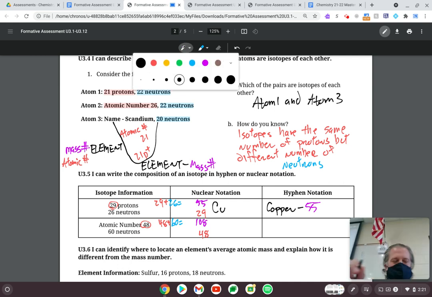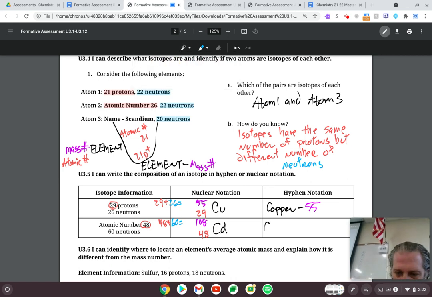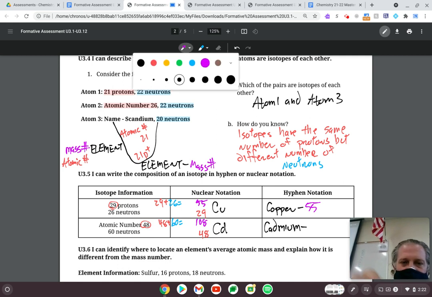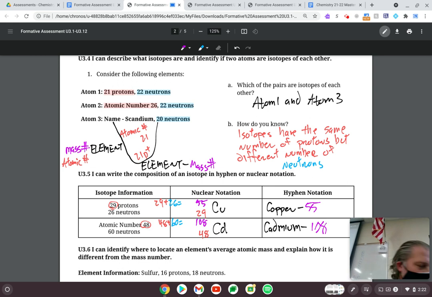And when I go on to the handy dandy periodic table, I look for element 48, which is somewhere in this general region right here, which happens to be cadmium. And so in this case, it would be cadmium-108. Yep, that's a thing. All right, so how are we doing here? So far, so fantastic.